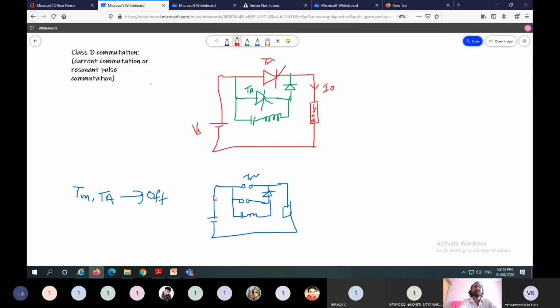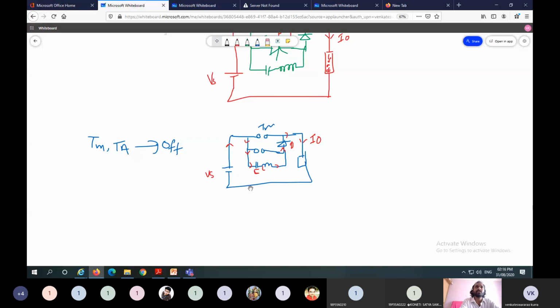In this condition, Vs is the source voltage. The direction of current flow is like this. The diode is forward biased, and in this time period, load current is supplied by the voltage source through the commutating elements like C, L, and the diode. So current flows in this path, up to the voltage across the capacitor.